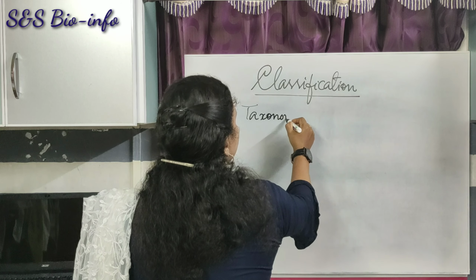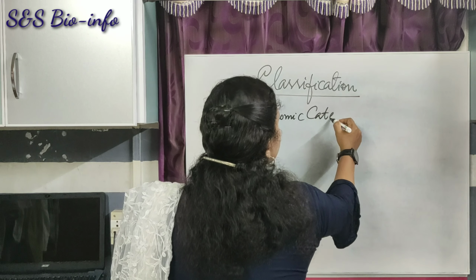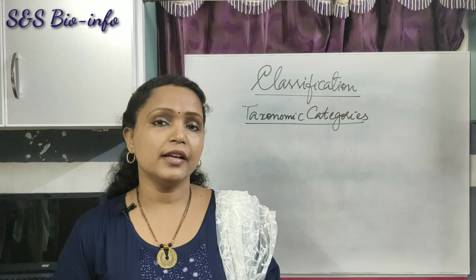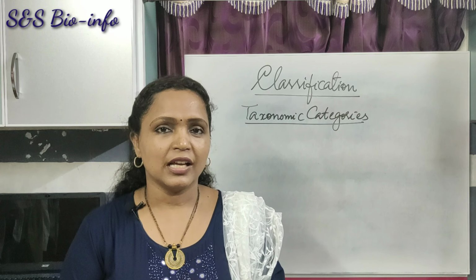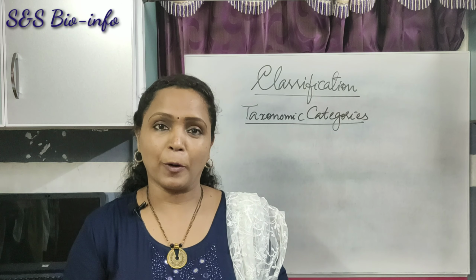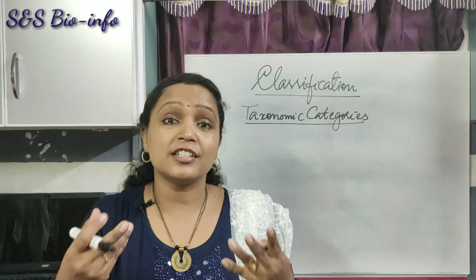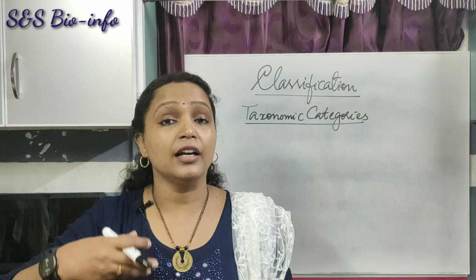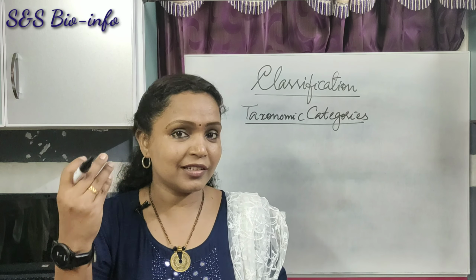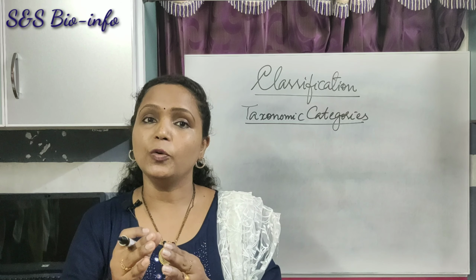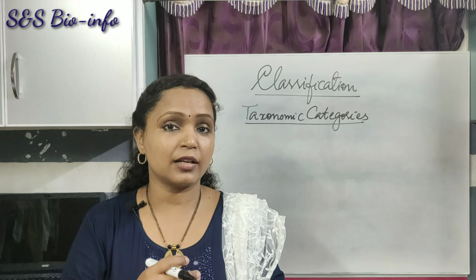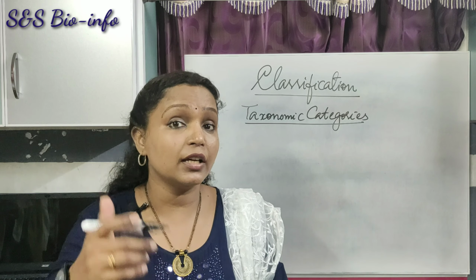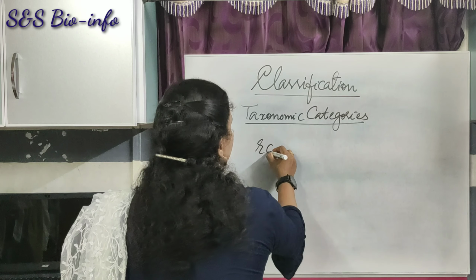Taxonomic categories. Classification is not a simple process. It's a complex procedure which involves different groups of organisms which are placed in different hierarchical steps or taxonomic categories. Each group in the taxonomical hierarchy represents a category or a rank. Each step is called a rank or a category.